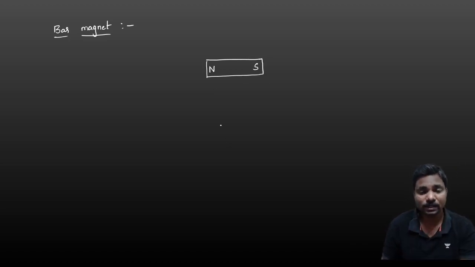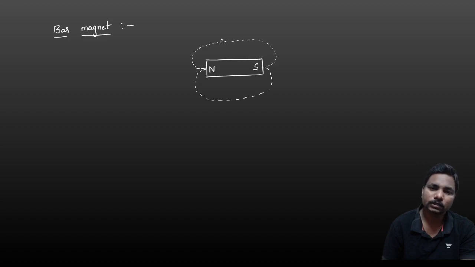Poles always exist in pairs. Here, note down, the magnetic field lines flow from north pole to south pole. Magnetic field lines outside the bar magnet flow from north pole to south pole.